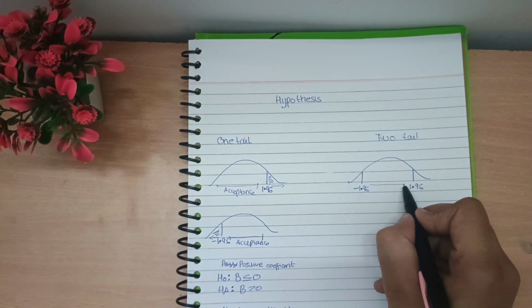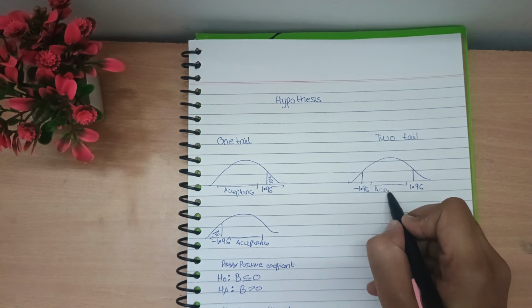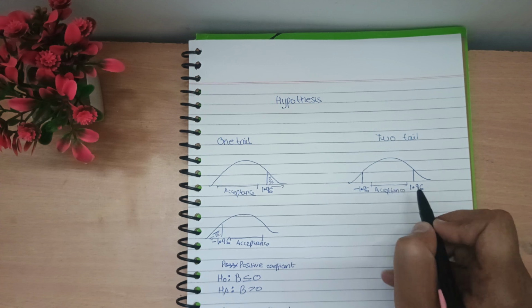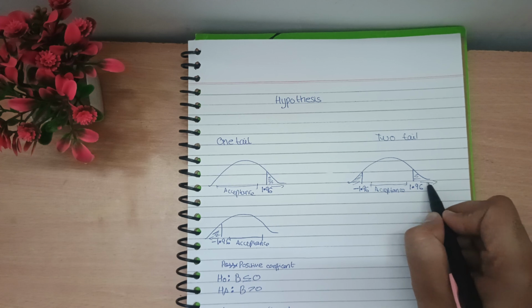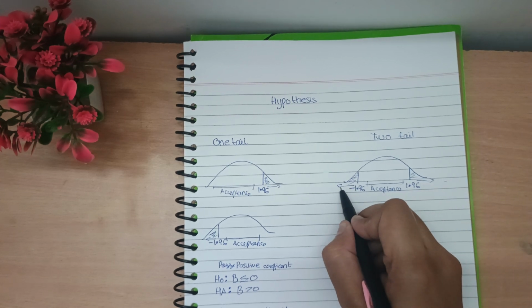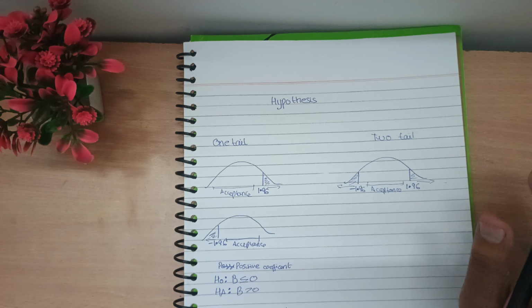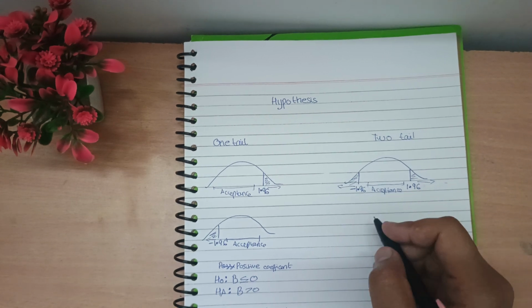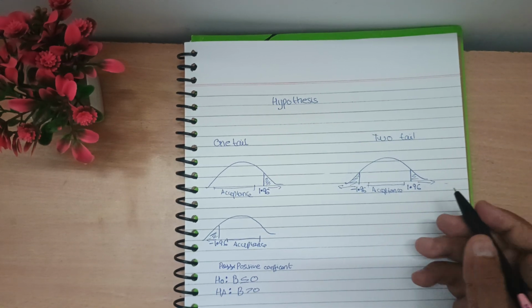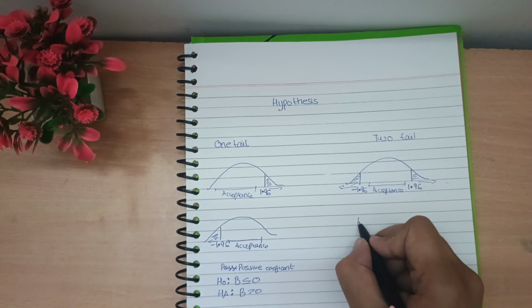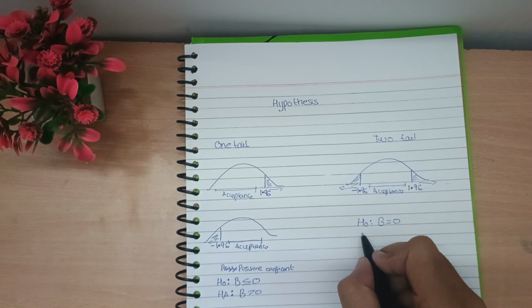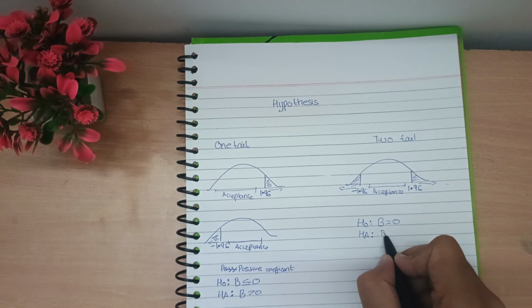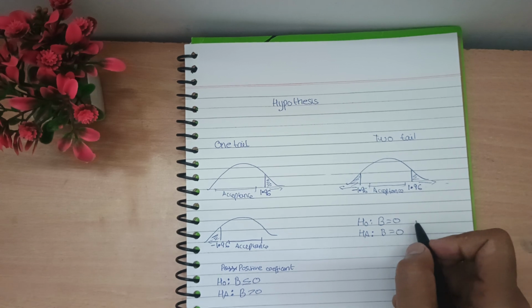The region between them is known as the acceptance region. The shaded parts, the region on this side and the region on this side, are known as the rejection region. So basically the formula for it is H naught such that beta is equal to 0, and the alternative HA such that beta is not equal to 0.